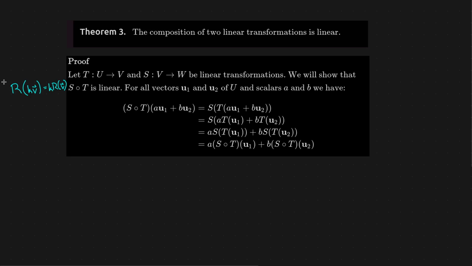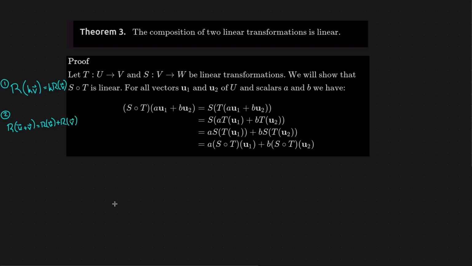That's the first condition that a linear transformation must have. The second condition is that if I take a sum of vectors and then take the transformation, that's the same as taking the transformation first, then taking the sum.